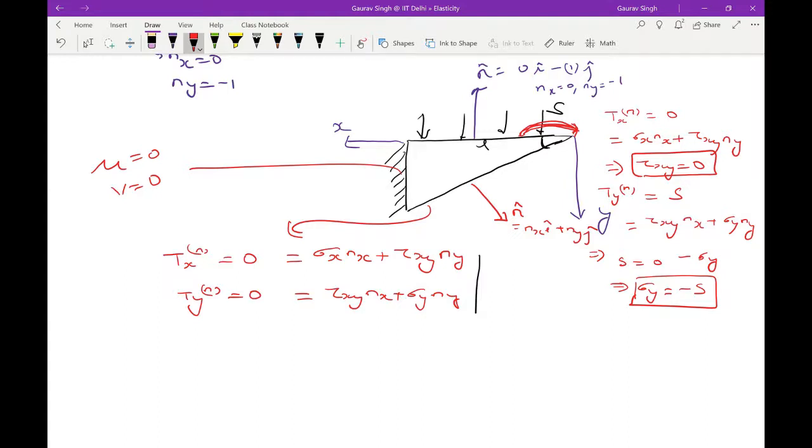For example, if this angle alpha was given as in one of the problems, then you can give a very good answer to what this ny and nx would be. Okay, so that's something which one can try and see how it goes.